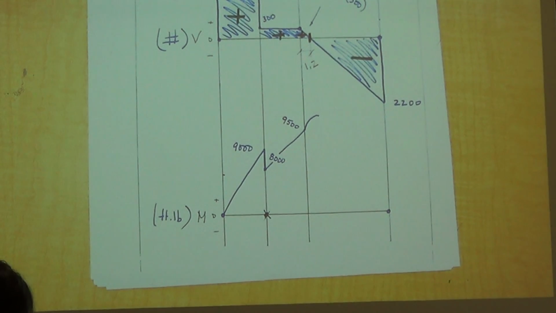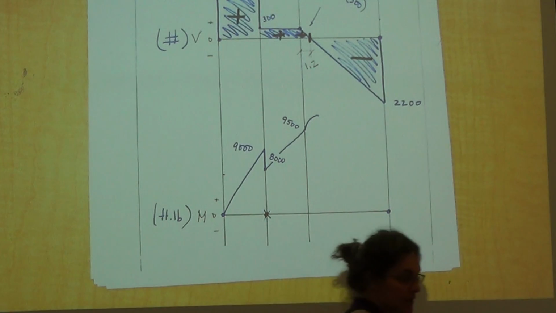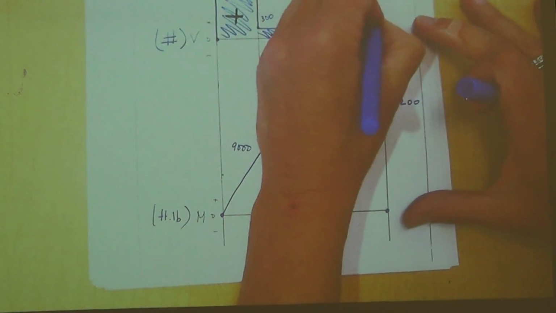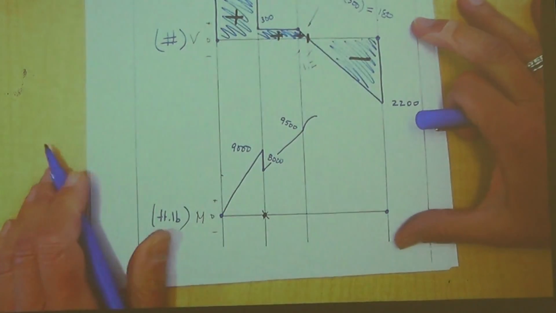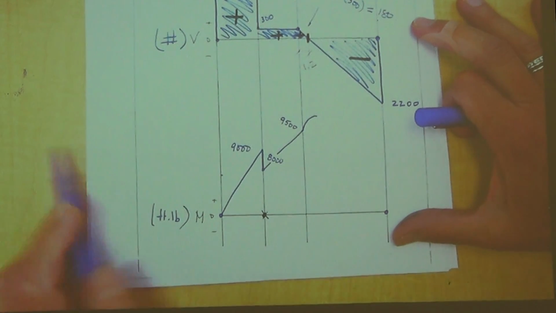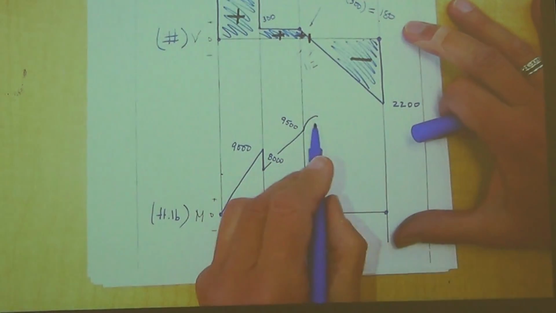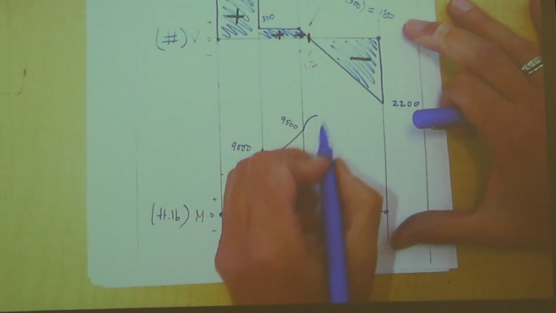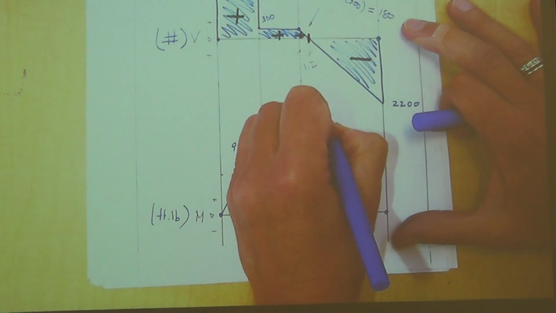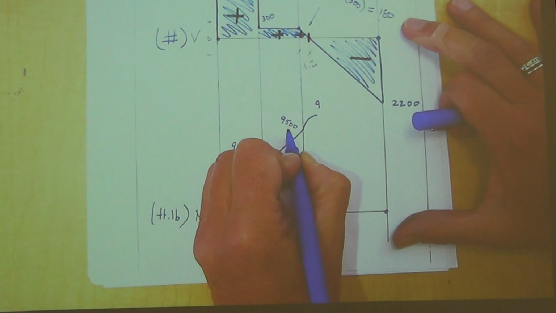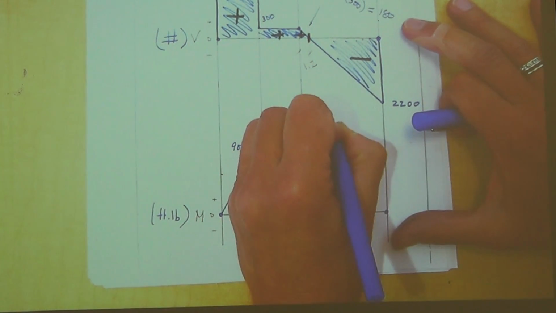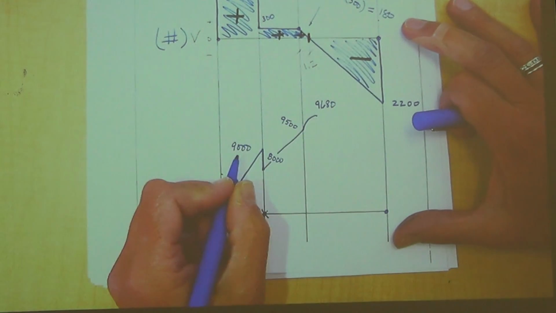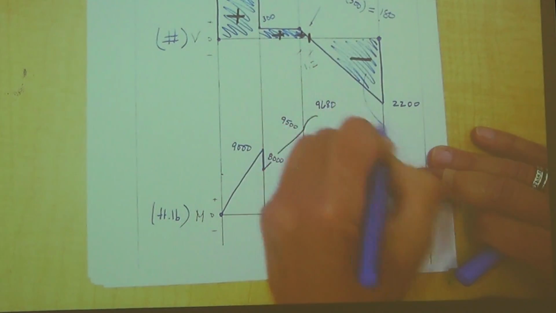Did you forget the 1,500 pounds in the second? It's 180. Yep, 180. So it goes up 180. Sam, what does it go up to? What number? 9,680.